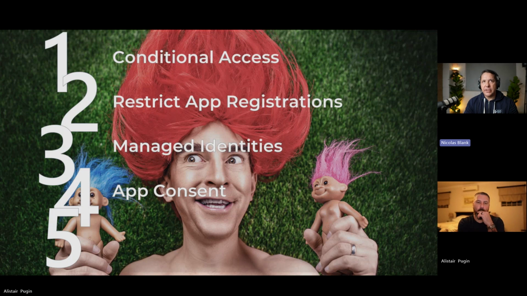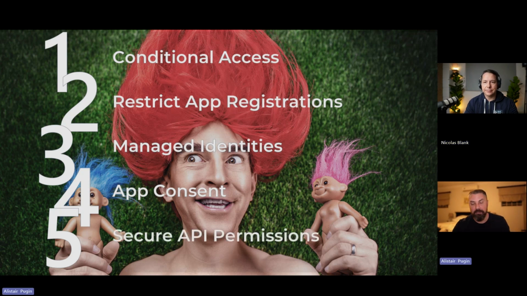At every measure, we want to switch off the automatic enabling of applications, with users who can, by default, do way too many things. In the interest of time, this boils down to: let's turn off the tap of this unmanaged stuff. Let's invoke the Zunder and say, with app consent and restricting app registrations, we are turning off the tap. We are ensuring that we can stop the flow of applications that automatically appear on our tenant.